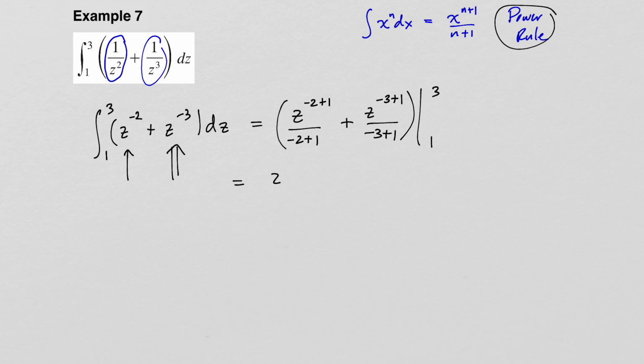So let's simplify. We have z to the negative 1 divided by negative 1 plus z to the negative 2 divided by negative 2 from 1 to 3. Now, z to the negative 1 divided by negative 1. Remember, when you have a negative exponent in the numerator of a fraction, you can drop it to the denominator.